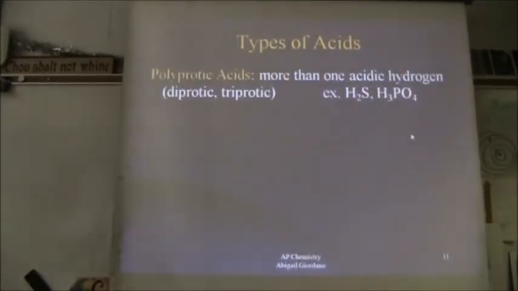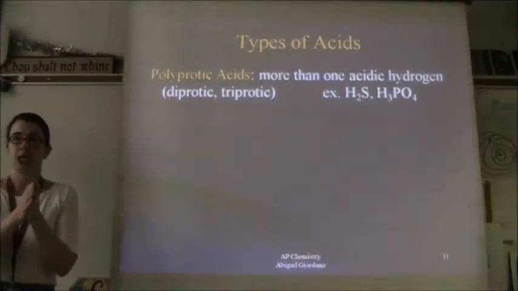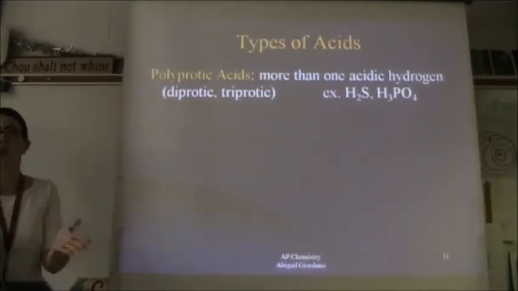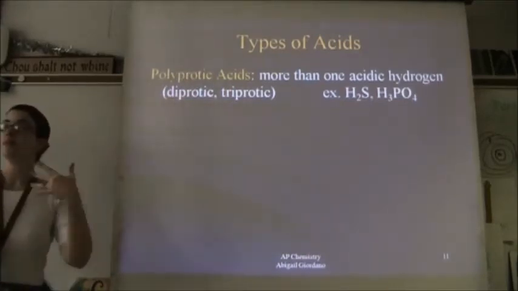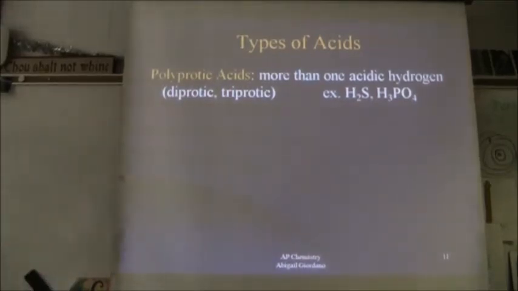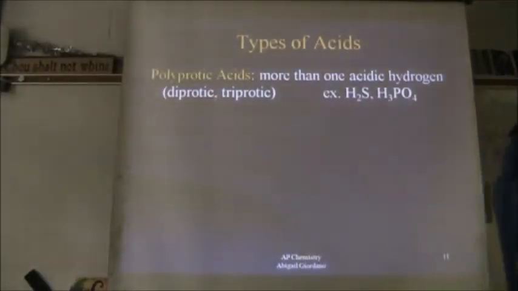Okay? First things first, polyprotic. What does the prefix poly mean? Many, more than one, multiple. Polyprotic. Protic means protons. If you would please go back and look at the introductory notes.